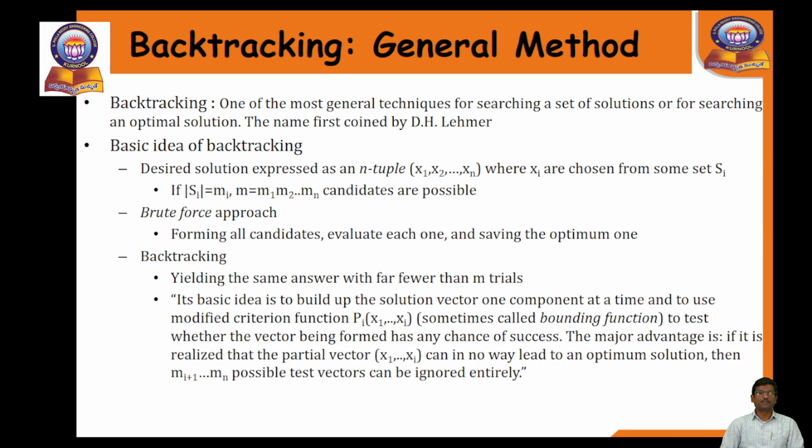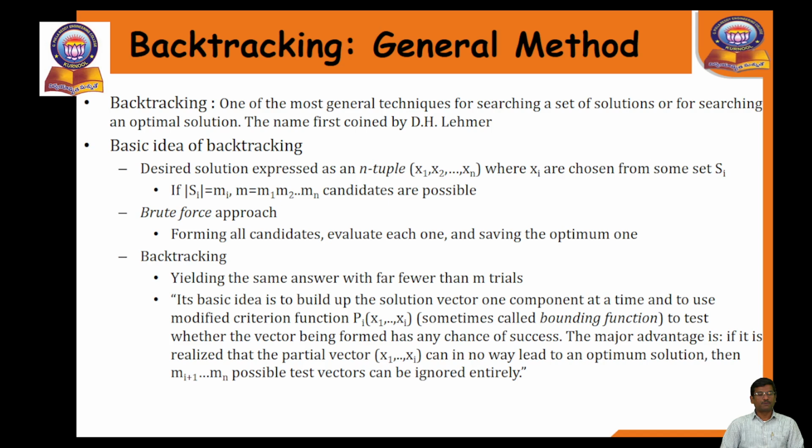The idea behind backtracking is that desired solutions can be expressed in terms of n-tuples, that is x1, x2, x3, and so on till xn, where xi are chosen from some set Si. And if Si equals mi, then m1, m2, m3 are the possible candidates.